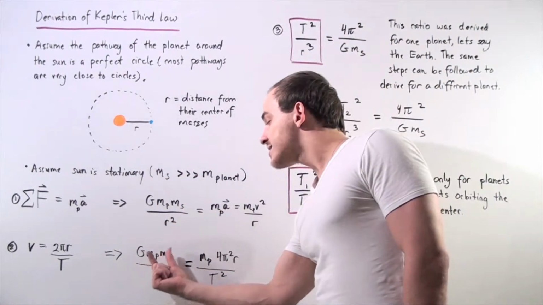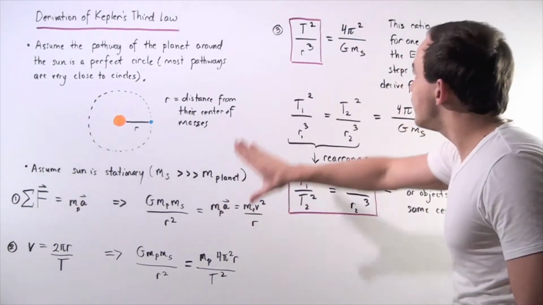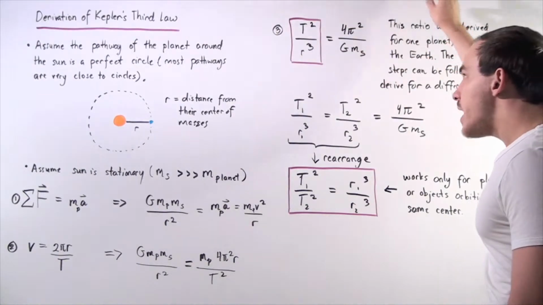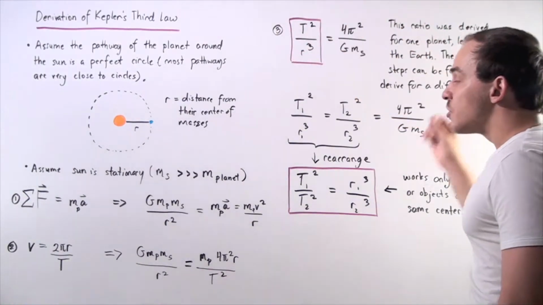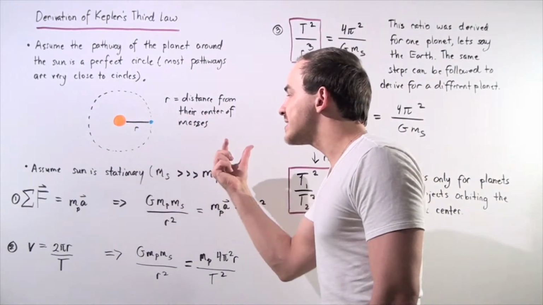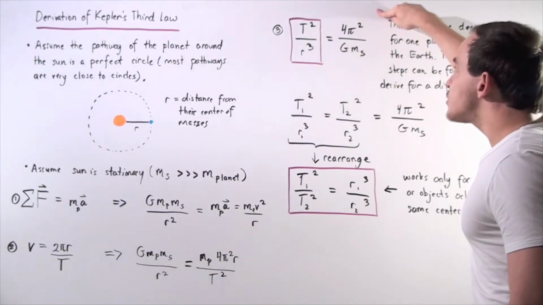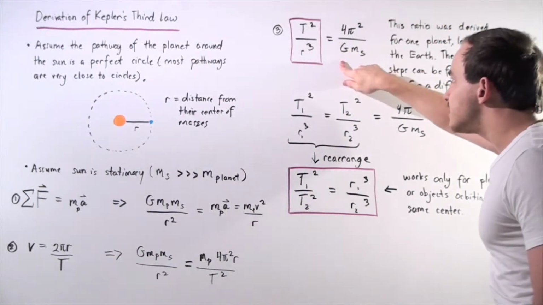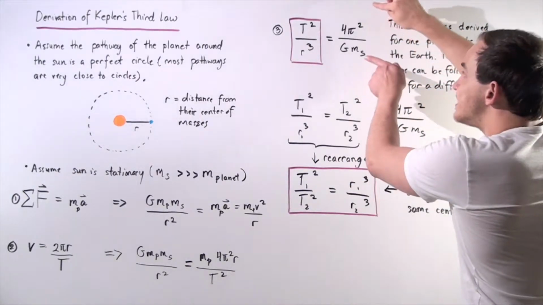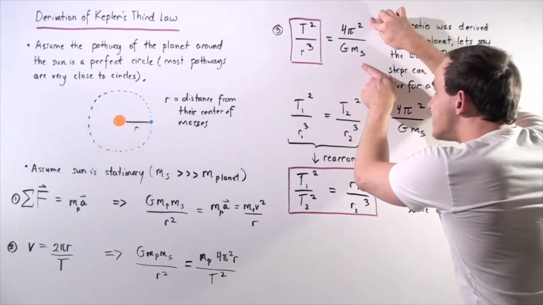So the mass of the planet cancels out, and we see that we have the following ratio. The period of the planet squared divided by the radius of the orbit, or the distance between the center of masses of the two objects, cubed, is equal to 4 pi squared divided by the gravitational constant multiplied by the mass of the sun. So notice this is in fact a ratio, and this ratio is always constant.